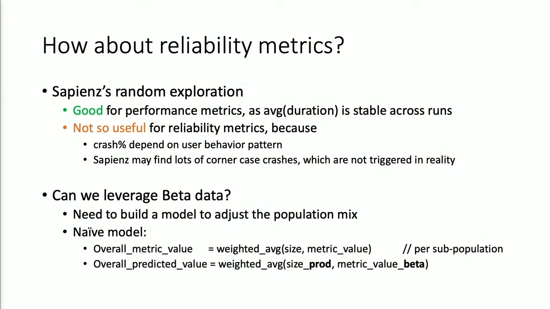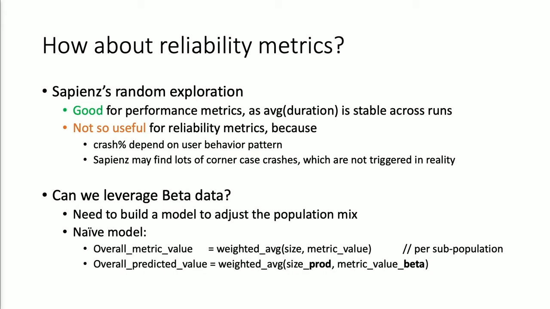We're thinking, in this case, how about we use beta data in a more efficient way? When we look at beta data, we are mostly talking about Android beta, where we have more control and more data. And as we discussed earlier, one major issue is that we have a population shift issue. So we have to build a simple model to adjust for the population shift.